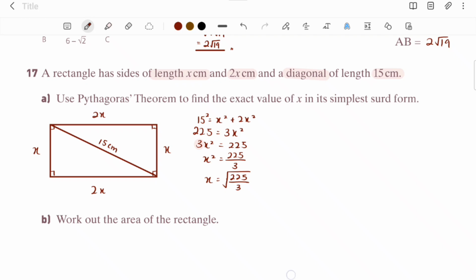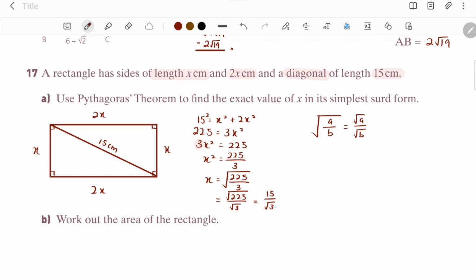Okay, so this one is actually like that. If square root like that, this one is actually square root of a over square root of b. So square root of 225 over square root of 3. You should get 15 over square root of 3.